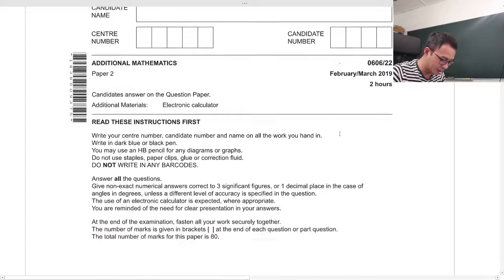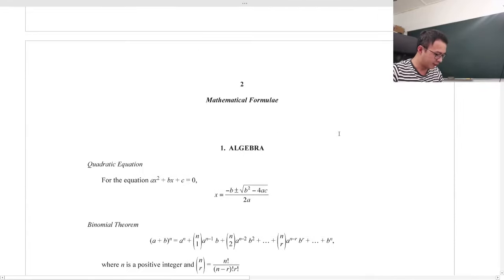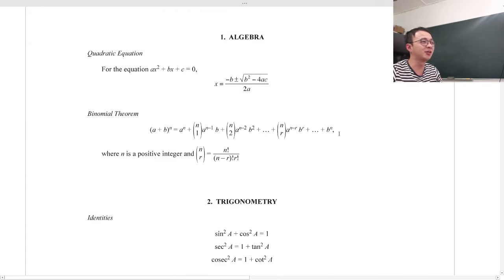Alright, so let's have a look at this paper here. First thing, you will see some formulas over here, and I guess you should know how to use them. You have a quadratic formula, a binomial formula, and the nCr formula over here.